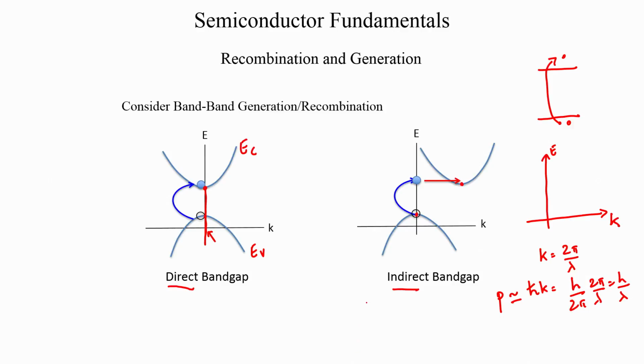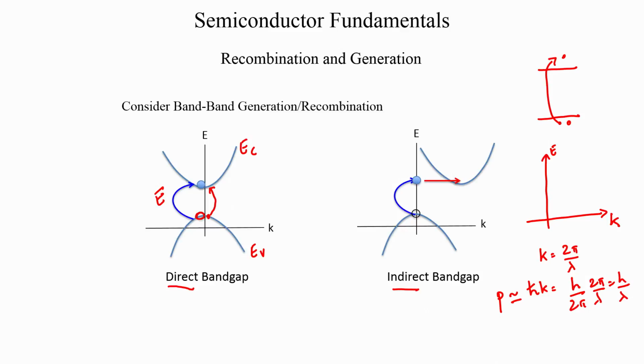Now, how does a semiconductor being direct or indirect affect the generation process? In the case of a direct band gap semiconductor, for an electron sitting in the valence band to be excited into the conduction band via band to band generation, all that is needed is an increase in energy. If the energy of the electron increases, you have a generation process.